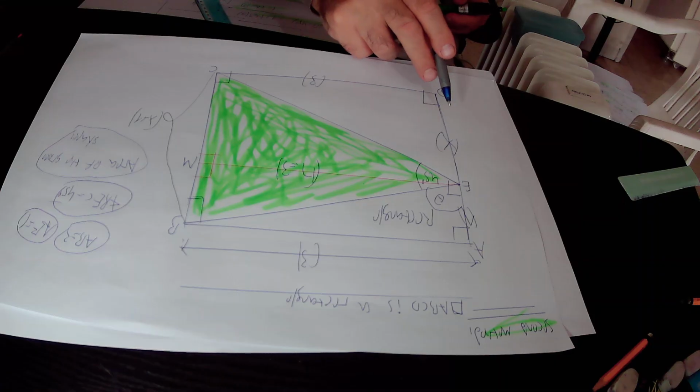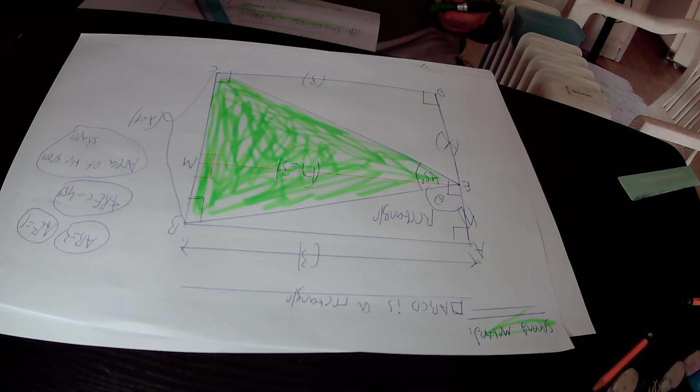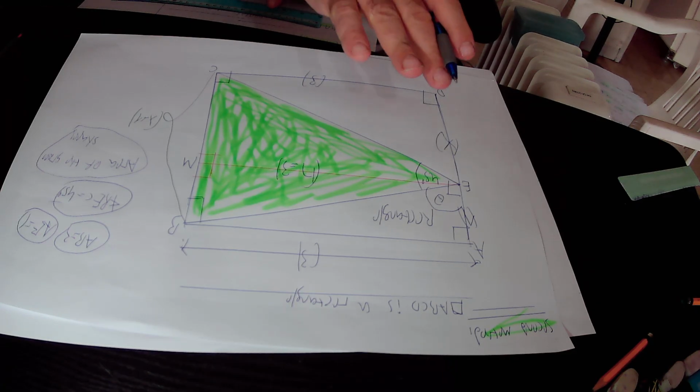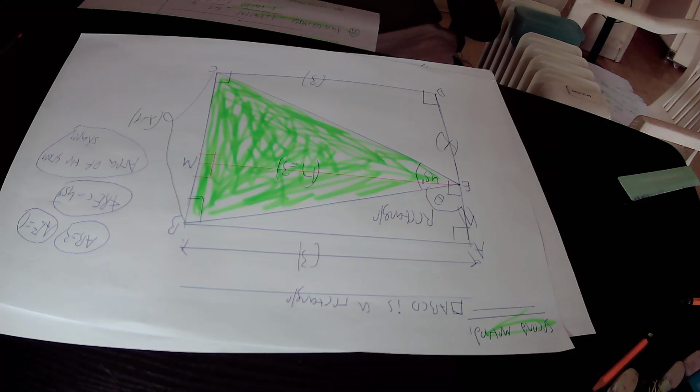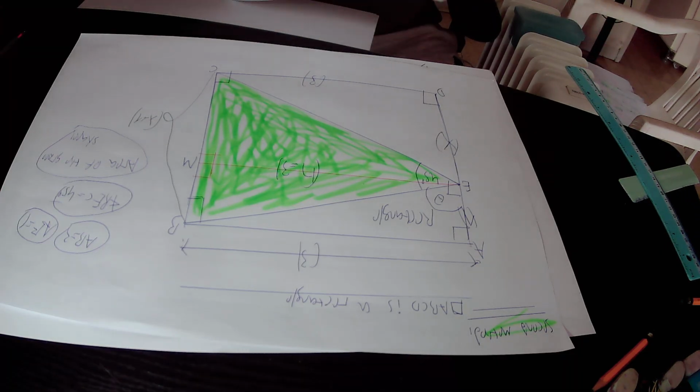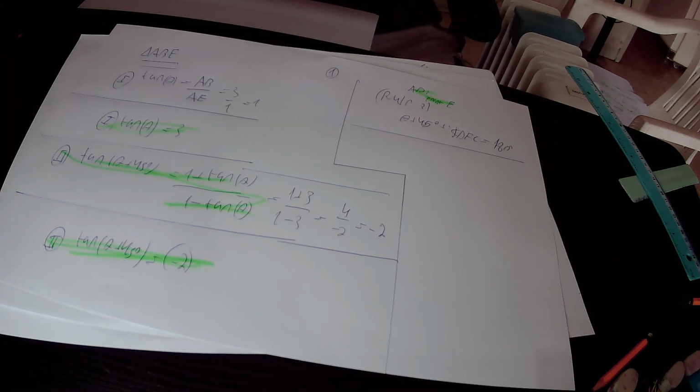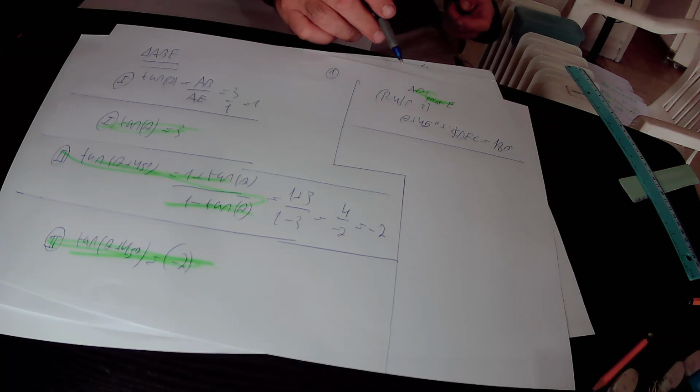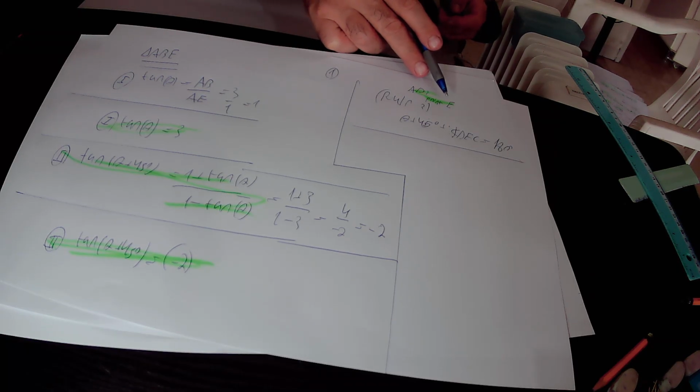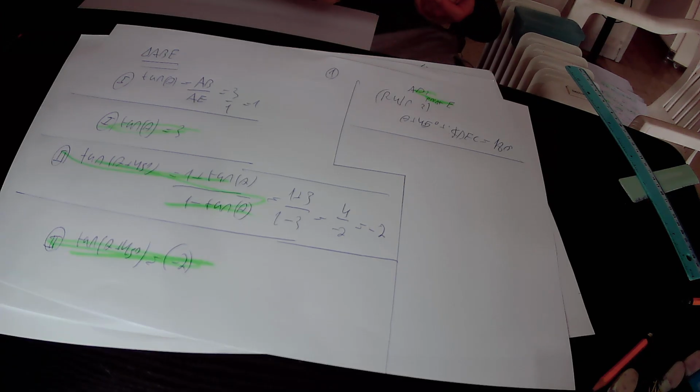This is angle DEC, the missing angle. In total it must be equal to 180 degrees. So again, theta plus 45 degrees plus the missing angle DEC in total must be equal to 180 degrees.